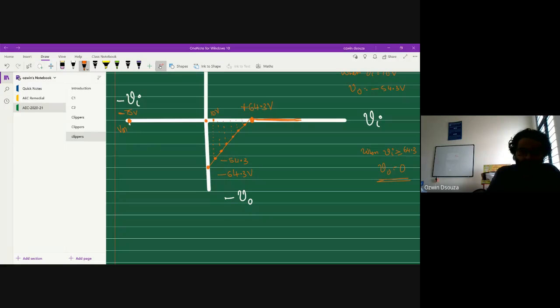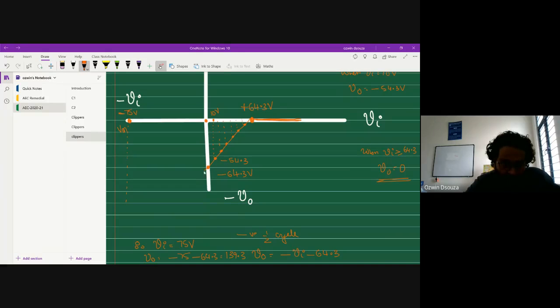Finally, when your input becomes minus 75 volts, your output equation is V naught equal to minus Vi minus 64.3. So when your input is 75 volts, because I have changed the polarity, your output becomes minus 75 minus 64.3, that is minus 139.3 volts. Correct, no? Mark 139.3 volts.